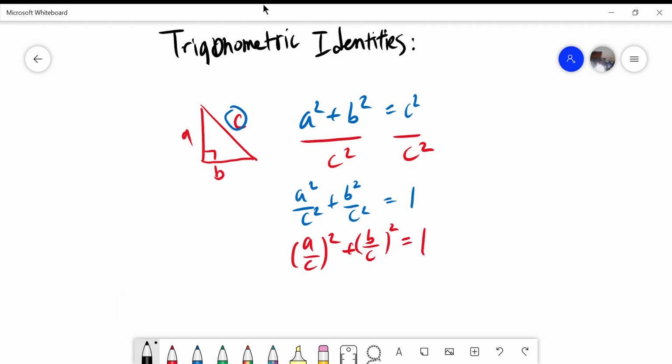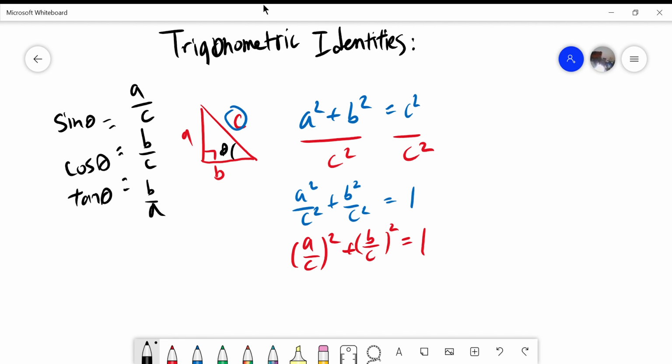Okay, now if we recall our trig functions, sine theta, we're going to let theta be this angle, cosine of theta, tangent theta. We know that sine of theta is opposite over hypotenuse, so b over c, and cosine is a over c, and tangent is b over a. Now notice that a over c also appears here, so we can substitute sine and cosine into this.